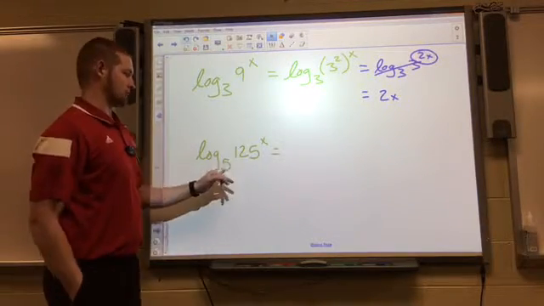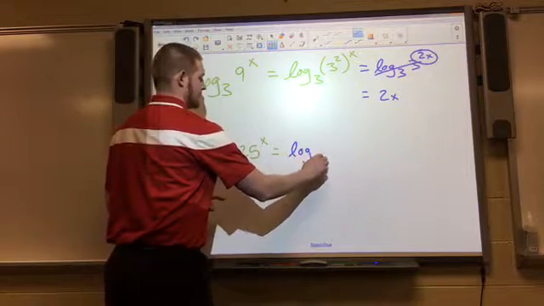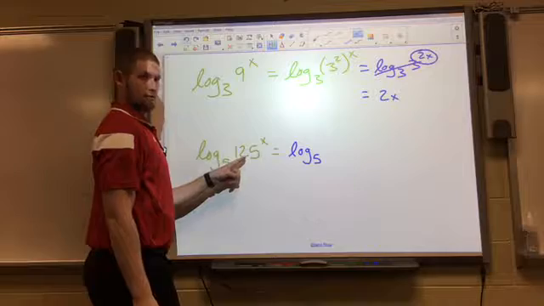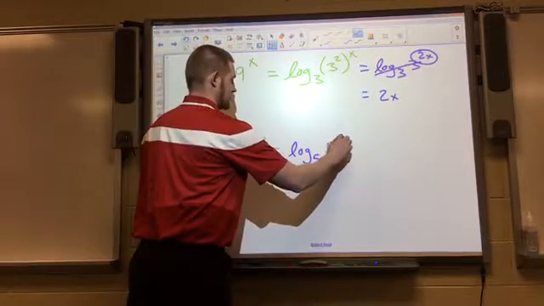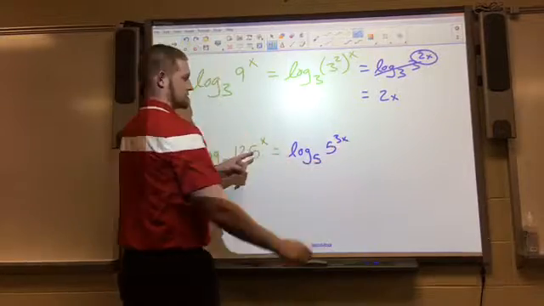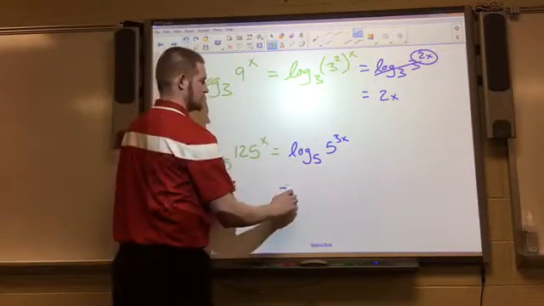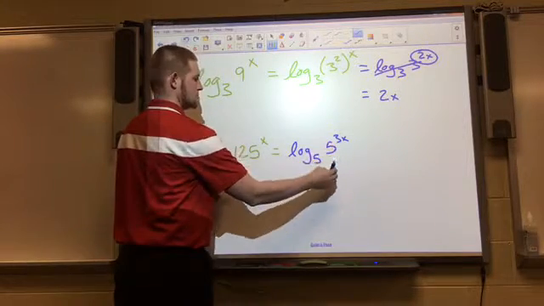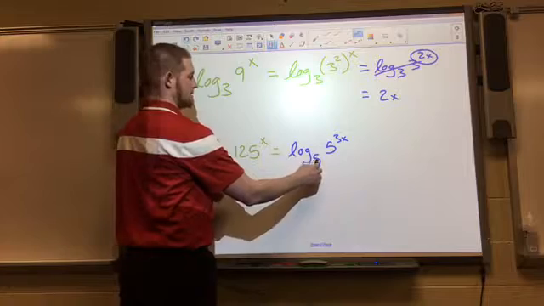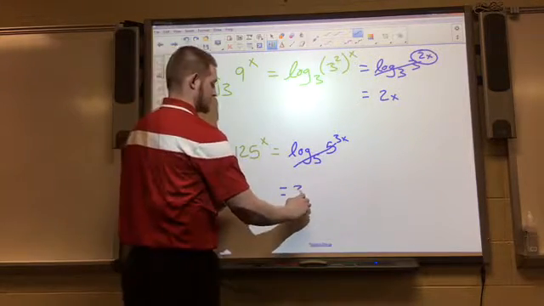Okay, so I would actually have log base 5 of 5 to the third to the x, which actually just gives me 5 to the 3x, right? So Devin, my answer to this problem is, my bases are the same, so they cancel. So it's 3x.